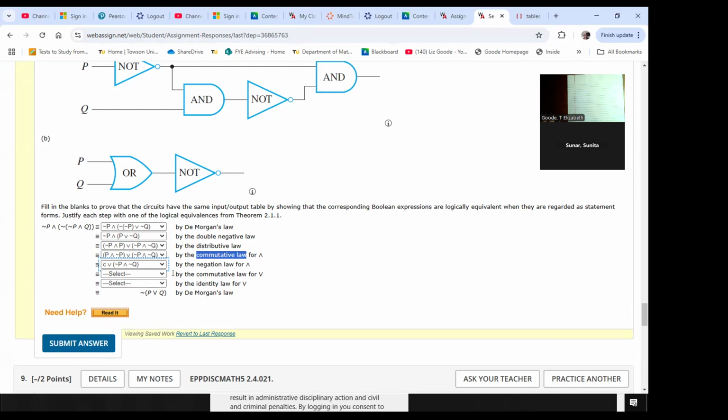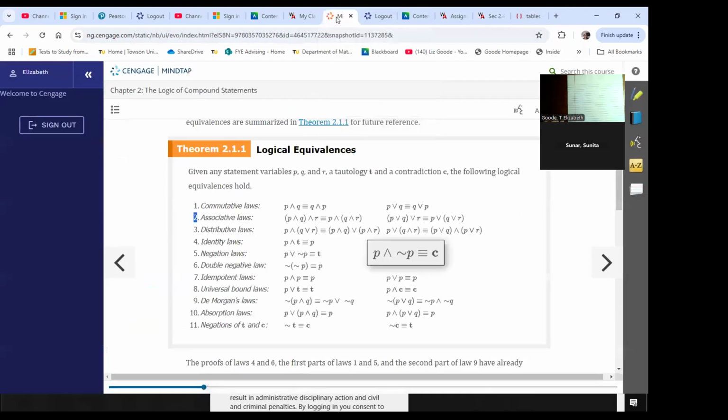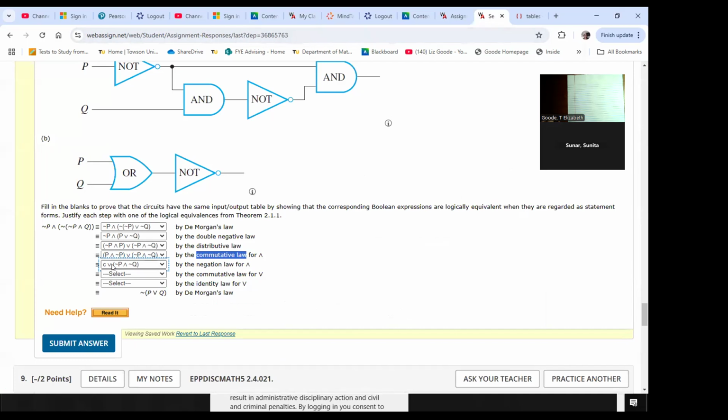Now the commutative law for the or. The or doesn't care which side the components are on. So that's the commutative law for the or. It looks like that, right? So if we apply the commutative law, there is only one or here.